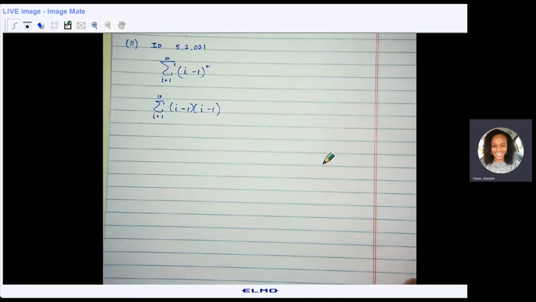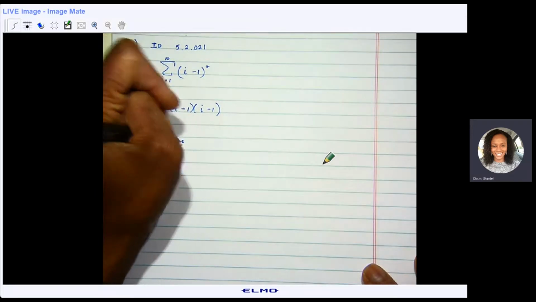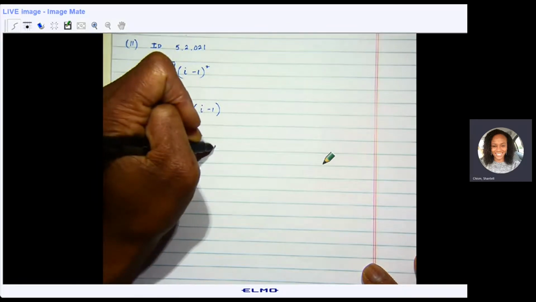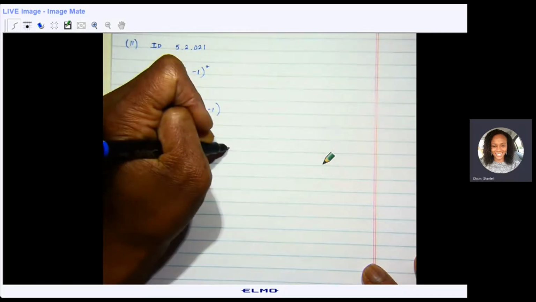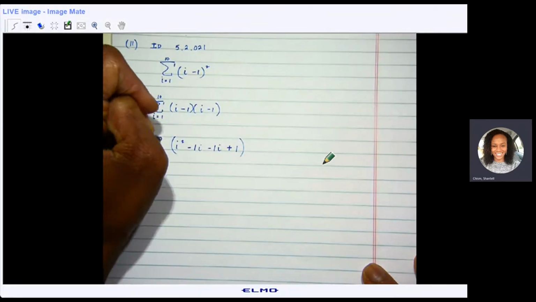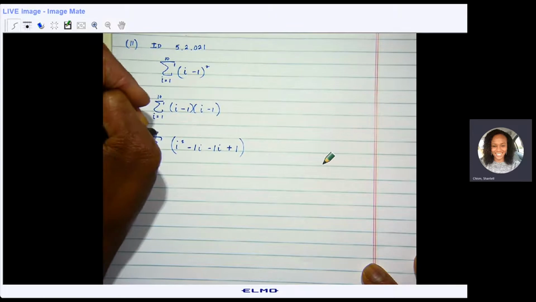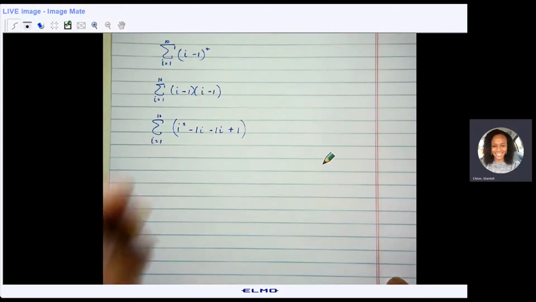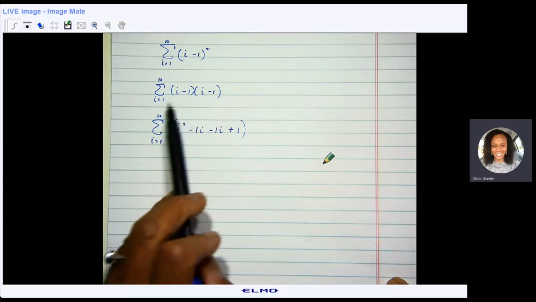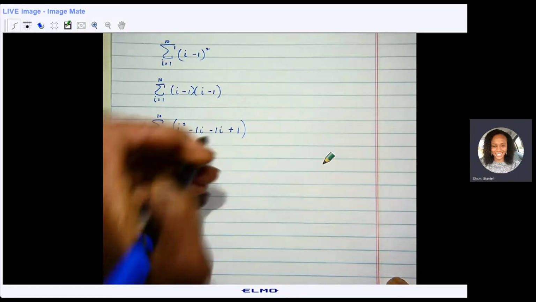So we've got i squared minus 1i for the inner term, minus 1i for the outer term, and then plus 1 for that last term. All right, so in the inside here, the inner and the outer products come together to give you a minus 2i.